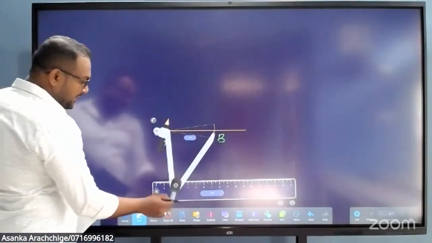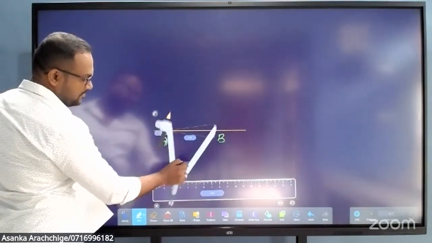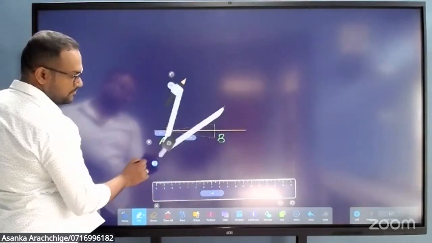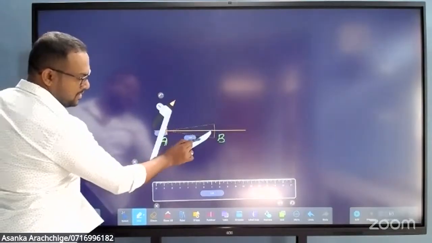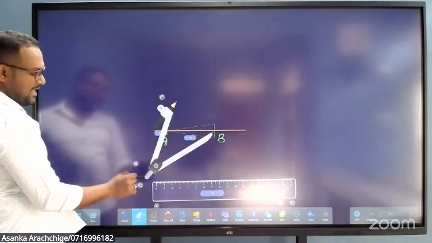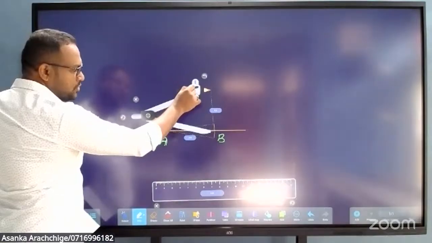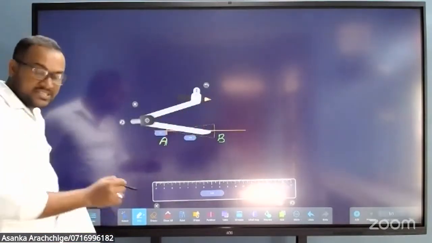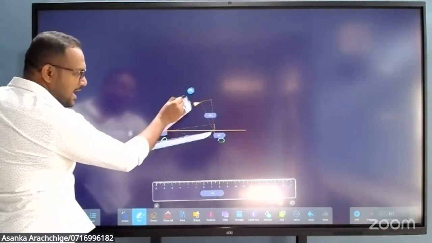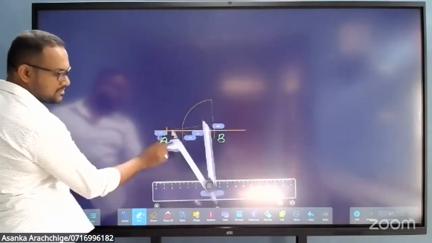Keeping the middle point exactly on the vertex, now we have to draw an arc taking any suitable distance between the pencil point and middle point. We have to draw an arc to cut this line like this.